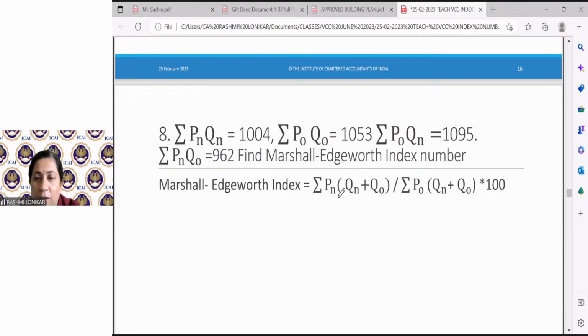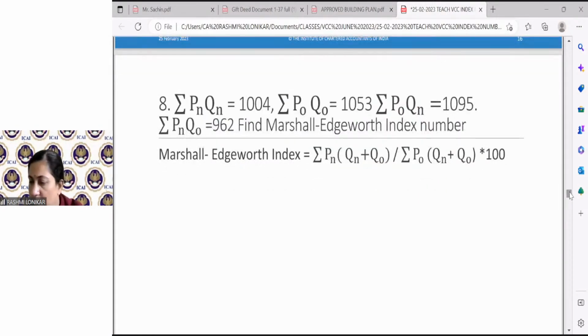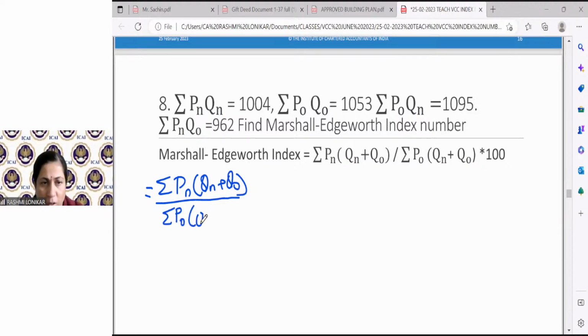Yes. Now let us go to the next sum. Now you have to calculate the Marshall-Edgeworth index. Now what is this thing, Marshall-Edgeworth? This is equal to summation of Pn(Qn plus Q0) upon summation of P0(Qn plus Q0) into 100. Now I have to expand the bracket.